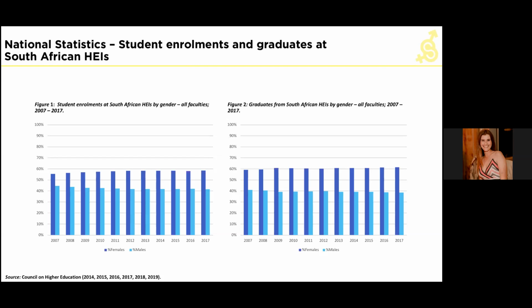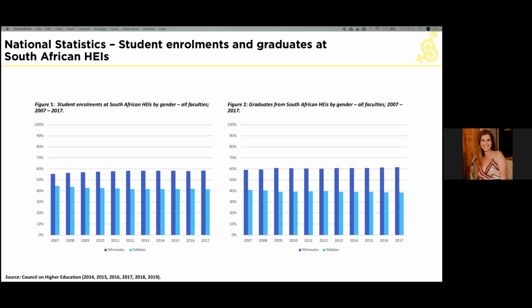So the results were fairly similar when looking at the percentage proportion of graduating students at South African HEIs by gender. Females make up the majority of graduating students each year. Female graduates are also increasing as a proportion of total student graduates.